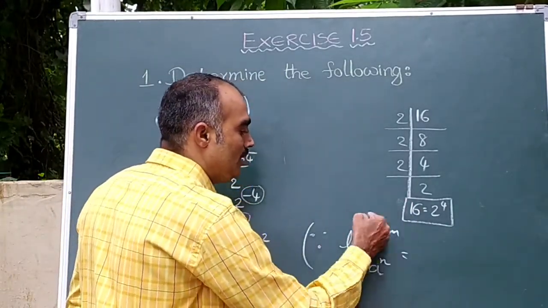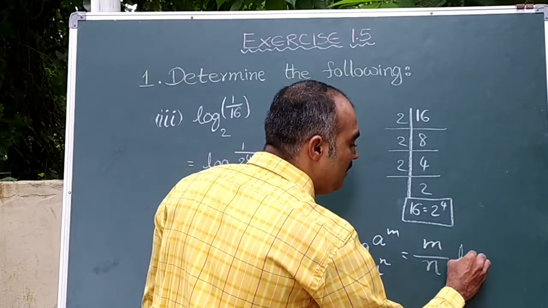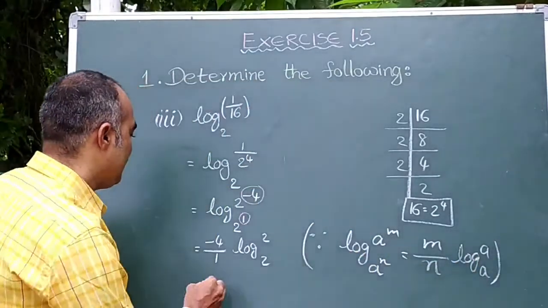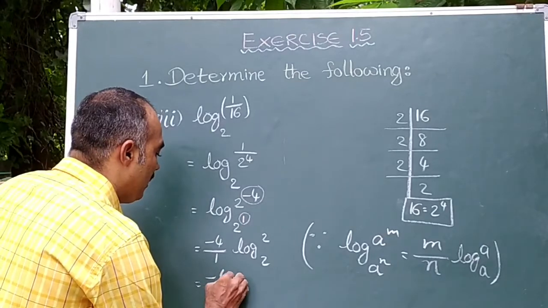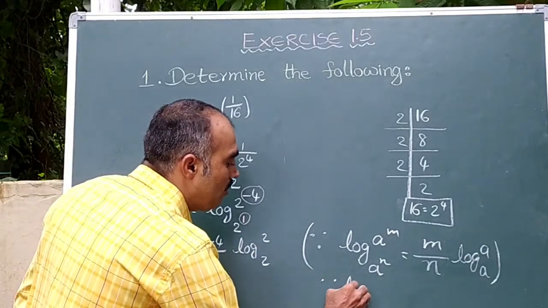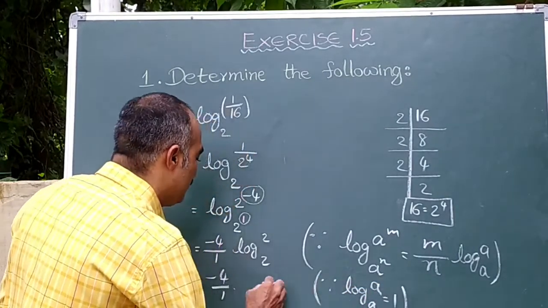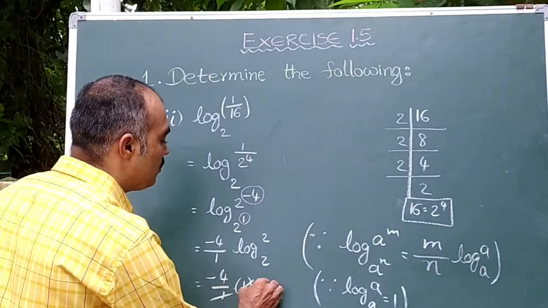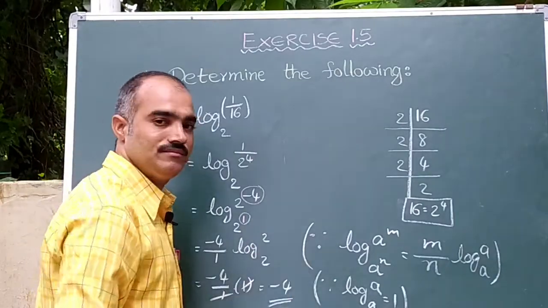As I have told you, m and n come forward, it will become m by n times log a base a. So let us write here it is log 2 base 2. Now in the next step, minus 4 by 1 into log 2 base 2. Here log 2 base 2, when both the values are same, that value is 1. So it is into 1. You can cancel 1 and 1, no problem. So minus 4 is the final answer.